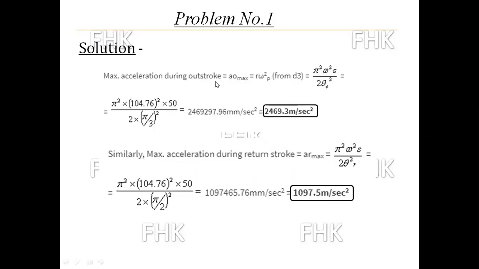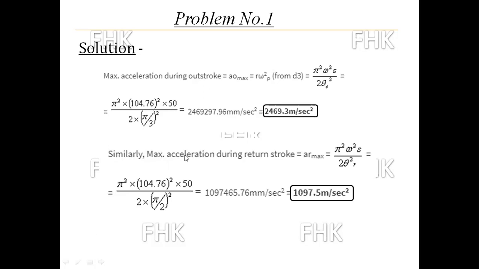So maximum acceleration is pi square omega square s divided by 2 theta outward stroke square. Now pi square into 104.76 square into s, again converted into meters, 0.050, divided by 2 into theta in radians, that is pi by 3, bracket square. After calculating, you will get 2469.3 meter per second square. And you have to write the sign also, plus or minus 2469.3 meter per second square.